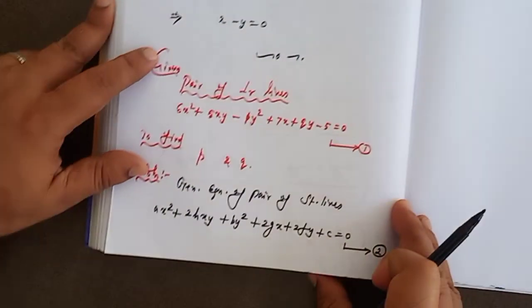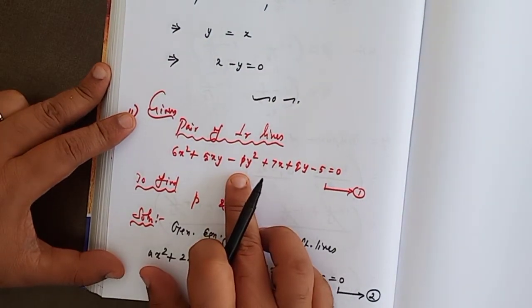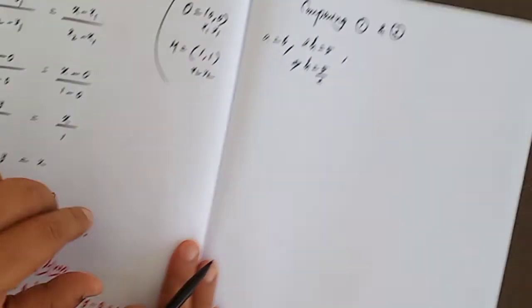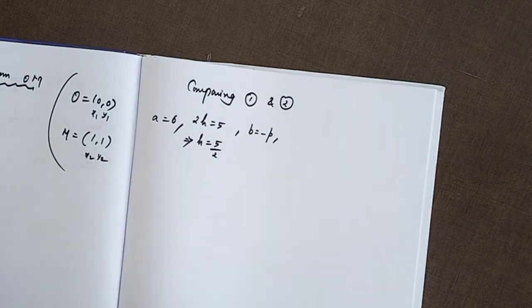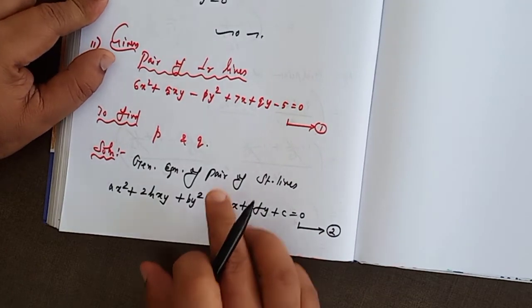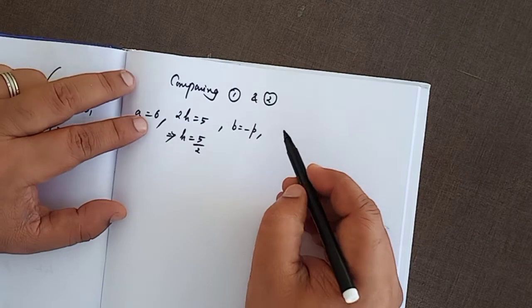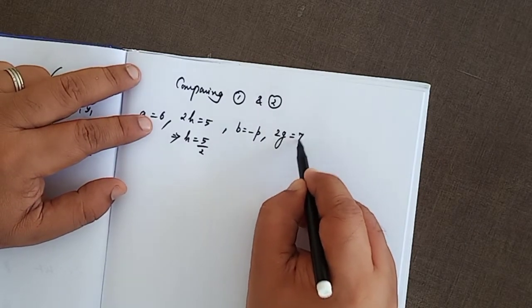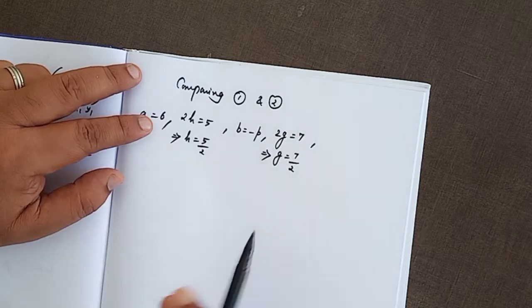Next, the y squared coefficient is b. Here the y squared coefficient is minus p, so b equals minus p. Next, the x coefficient is 2g. Here the x coefficient is 7, so 2g equals 7, which implies g equals 7 by 2.